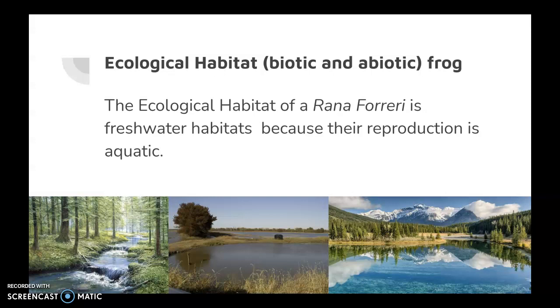Biotic factors are them living amongst plants and anything living around them. Abiotic factors include living amongst rocks and things that are non-living. Other abiotic factors include pH levels of water, sunlight, temperature of the water, and precipitation levels in the habitat.